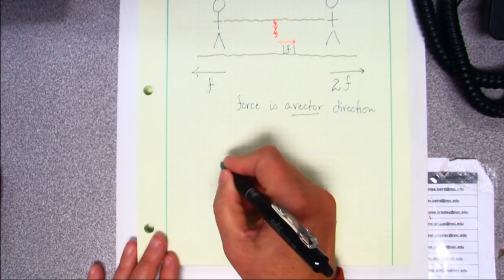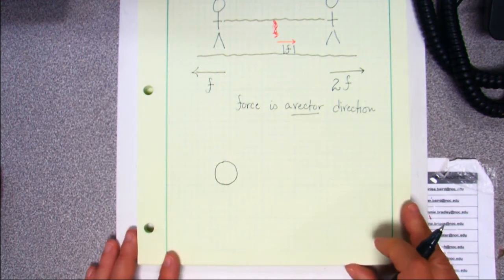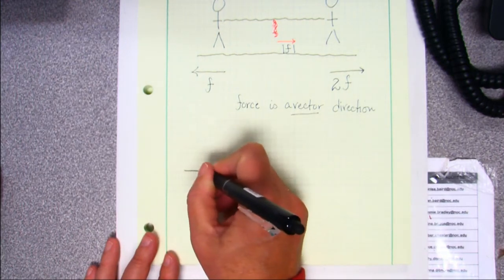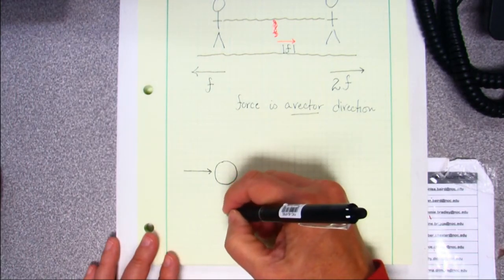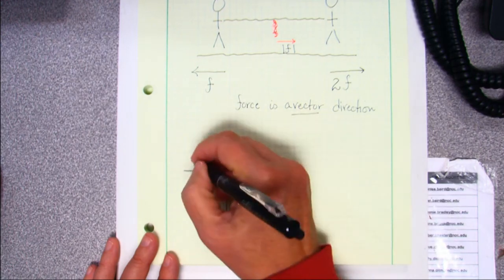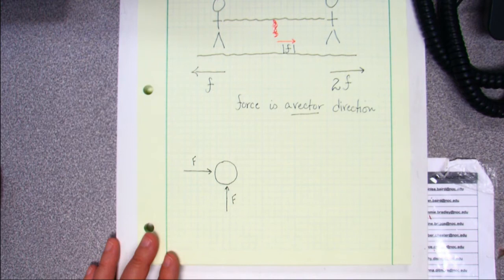And we know that. I mean, because if we did this, I've got a hockey puck. It could be an air hockey puck. It could be an actual hockey puck. And I've got somebody that applies a force with the stick there. And we've got the other person that's trying to take the puck away, and they apply a force here. We have a pretty good idea of which way the hockey puck's going to go.